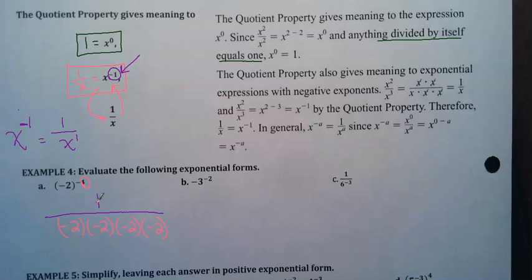Okay, but a negative means we have to move its location. So then in this case, what would this equal? Negative 2 times negative 2 is positive 4. So what's 4 times 4? 16. So this would equal 1/16.